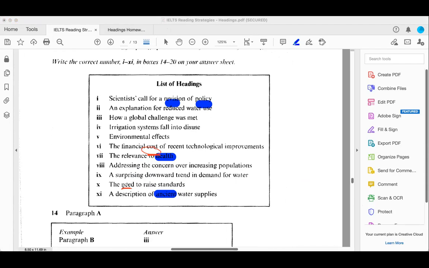All right, guys, a summary of the things. Number one, read the sentences one by one. Never read two sentences together, not only with headings, but with all the types of exercises. That's too much. Just read one sentence. Don't read the whole paragraph. You don't need to know every single word there.